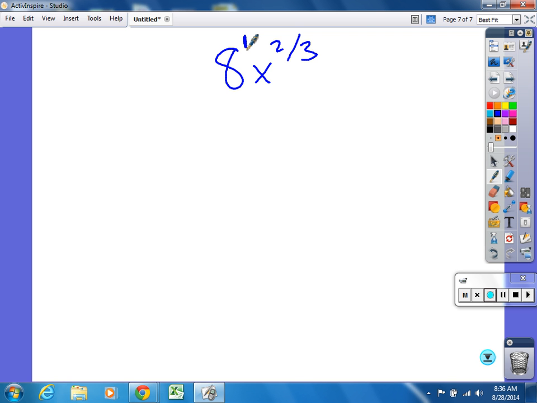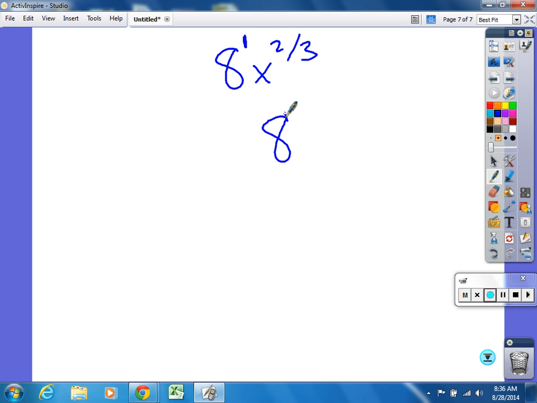Does everybody get what I'm saying? How it's a whole number? That's what I'm looking for. That's why he doesn't have to go under, right? Is 2/3 a whole number? No, he is a fraction, so therefore we're going to split him up. Okay? So I have the 8. He gets to stay outside. Everybody good with that?